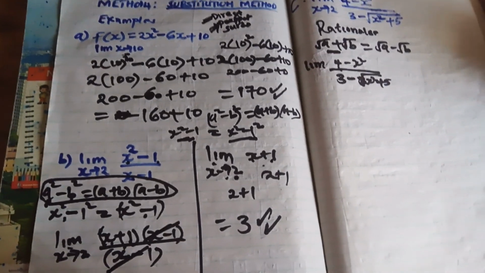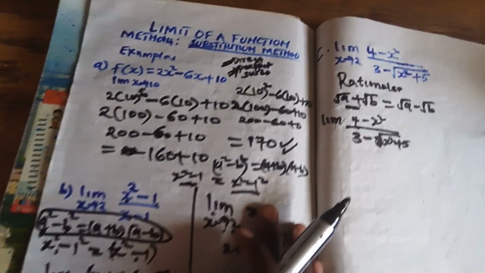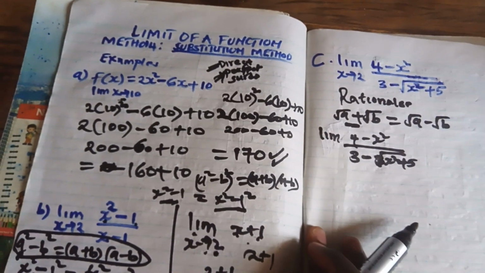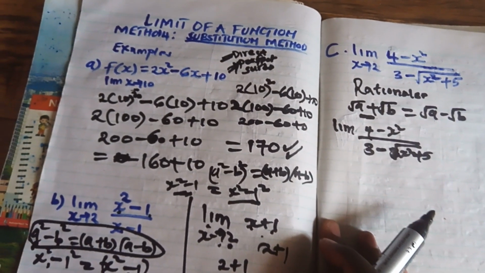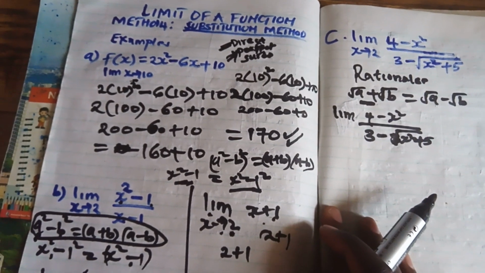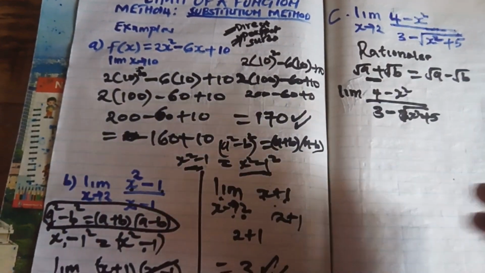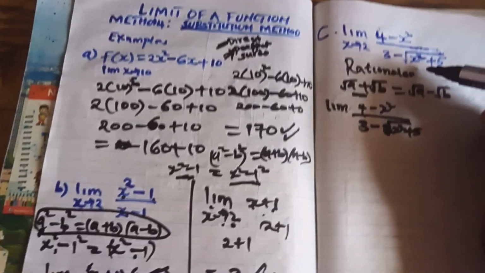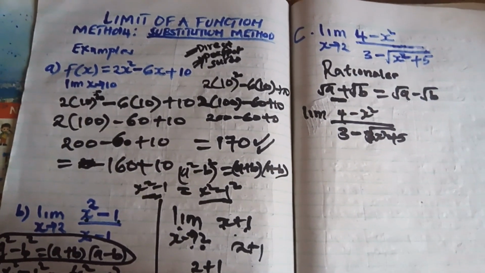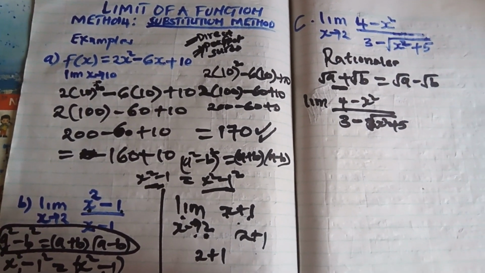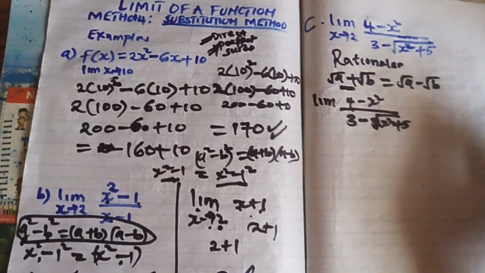Let us look at the last knowledge in the substitution method in evaluating limits of a function. In such cases involving surds, we have to rationalize the denominator. But how can we find out the conjugate?